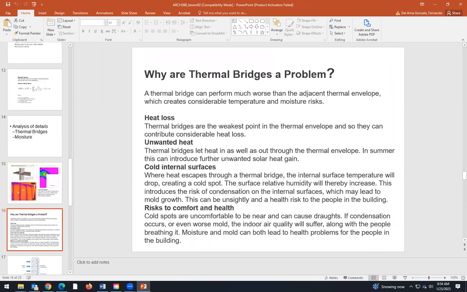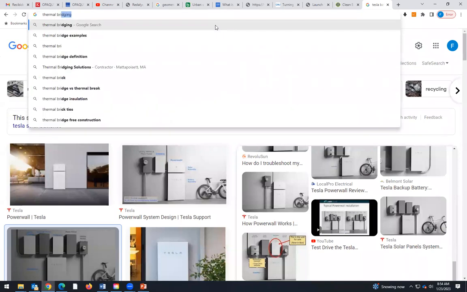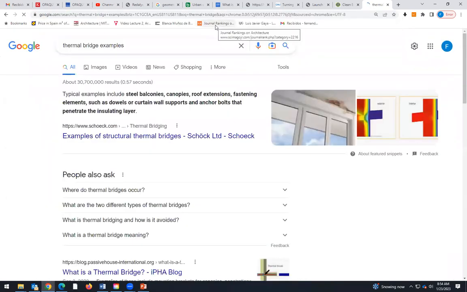Why are thermal breaches a problem? Well, first, what is a thermal breach?